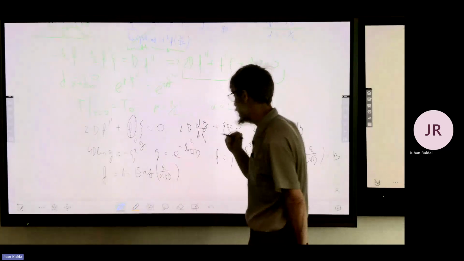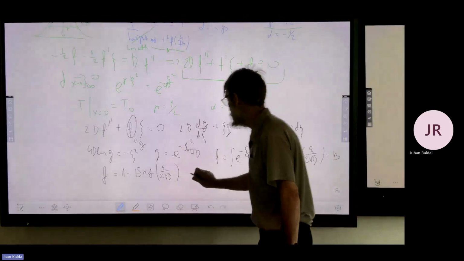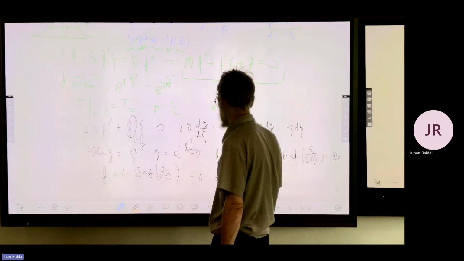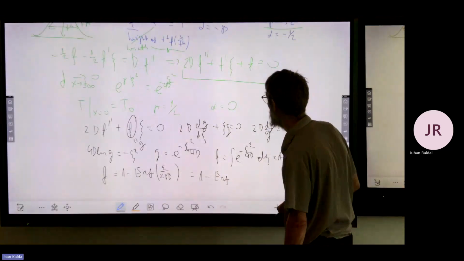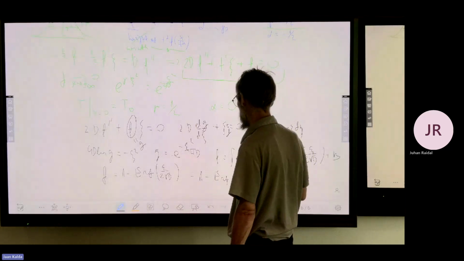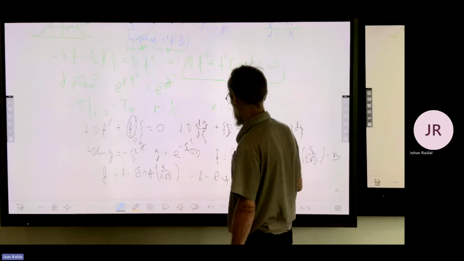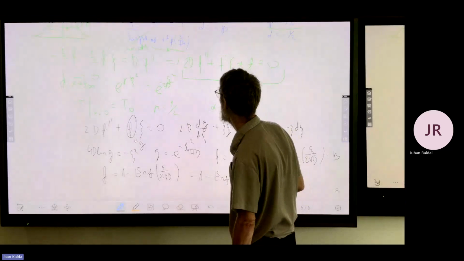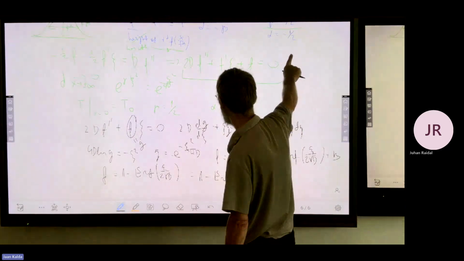And now let us write it also in terms of the initial variables. And this will be 1 minus f of, and psi was x divided by square root of t.